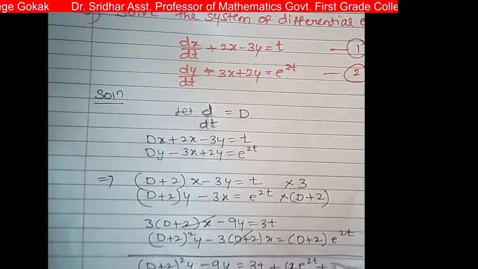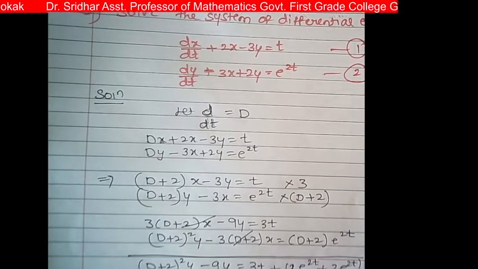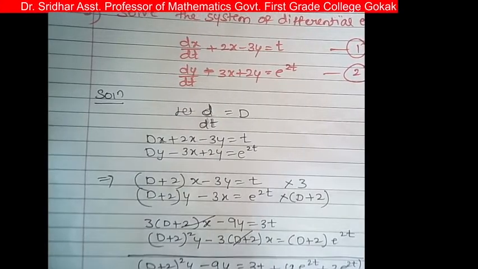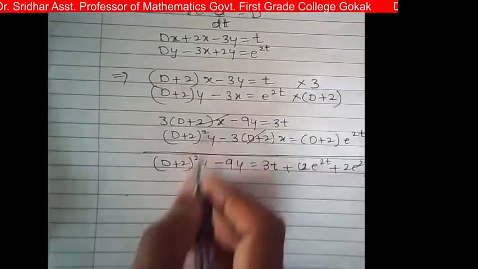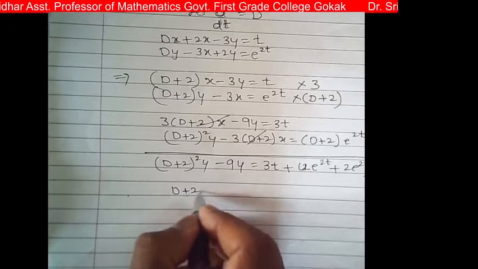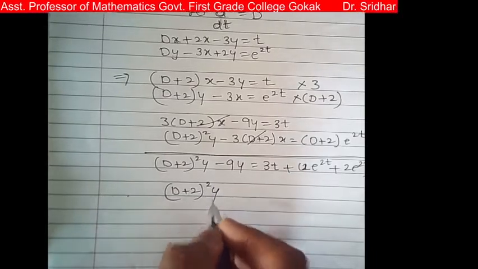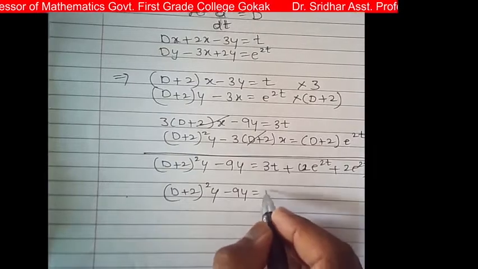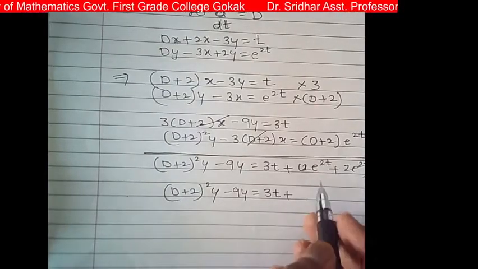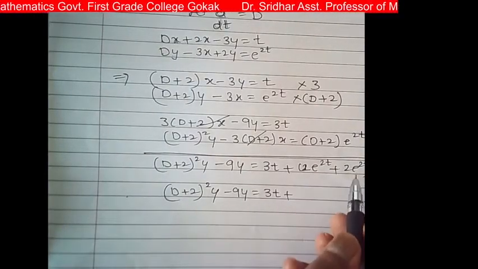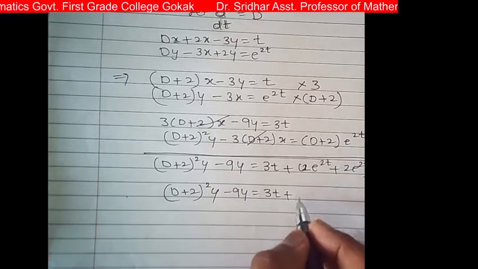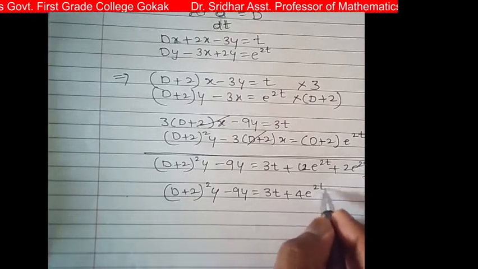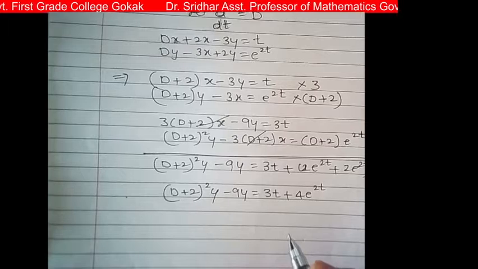Next 2 into e raised to 2t. Okay, so that is (D plus 2) whole square y minus 9y is equal to 3t plus 2 e raised to 2t plus 2 e raised to 2t, which is equal to 4 e raised to 2t.